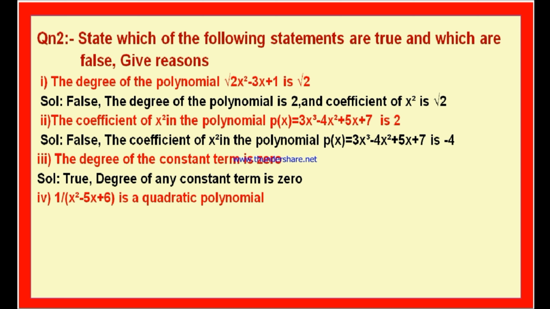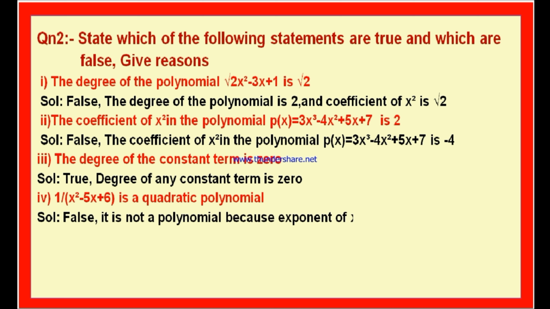Only when the exponent of the variable is a non-negative integer, meaning it may be either 0 or a positive integer. But in this case, since the variable is in the denominator, the exponent may become negative, which is not a non-negative integer, and it is not a polynomial. Therefore, the given statement is false. It is not a polynomial because the exponent of x is not a non-negative integer.